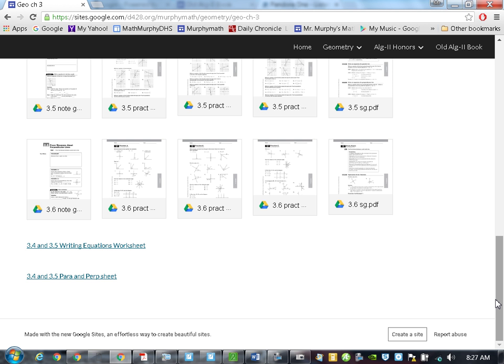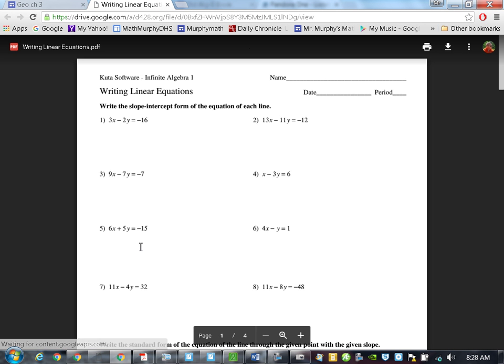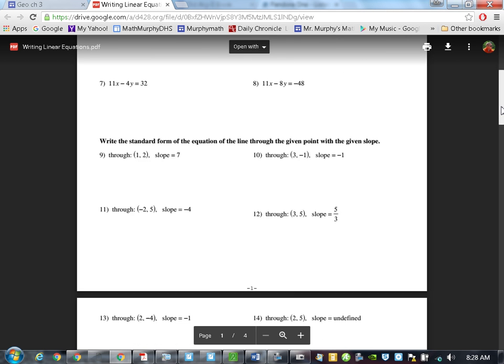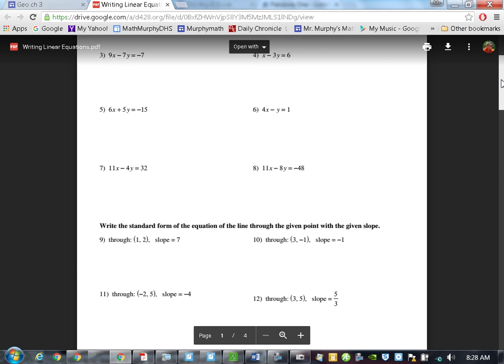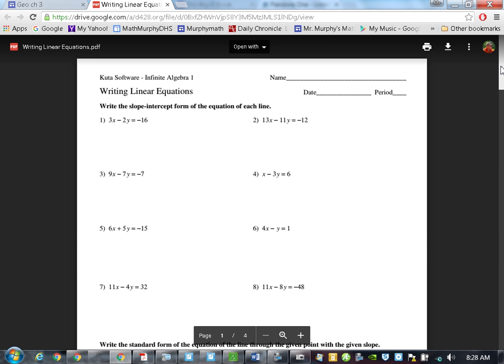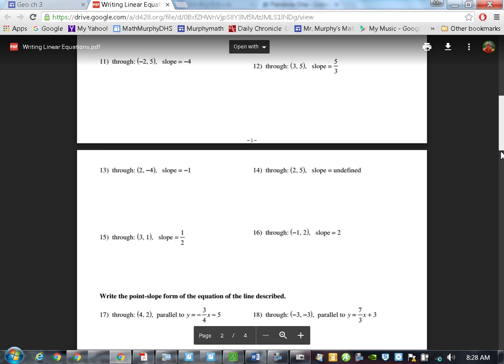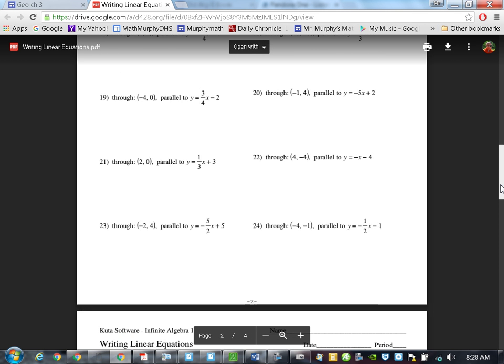I'm going to label this, I'll retype it in a minute, Tuesday's homework. Pop it open. Do the entire page? I'm getting there. What I want you to do is the evens starting at 6. I think it goes through 24.